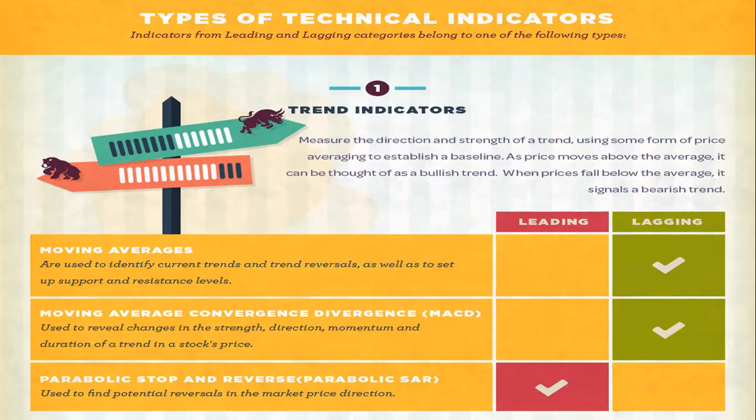Moving averages, we go to the next table. Moving average convergence divergence, that's MACD. If you don't know the meaning of MACD, that's it. MACD is used to reveal changes in the strength, direction, momentum, and duration of a trend in a stock or in the market.